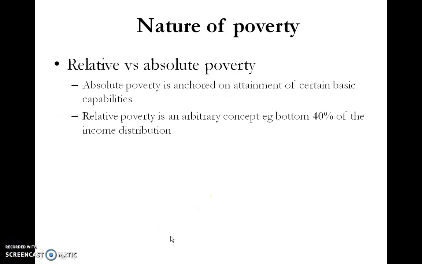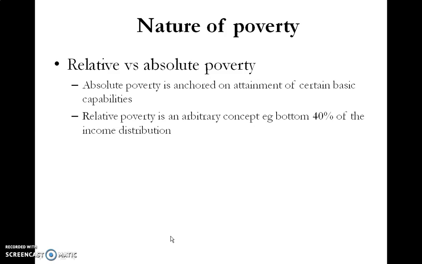Something else to consider when thinking about poverty is looking at relative poverty versus absolute poverty. Absolute poverty is anchored in a specific attainment of certain basic capabilities, and we will look more at that when we look at poverty lines, which are established either through food energy intakes or cost of basic needs methods.